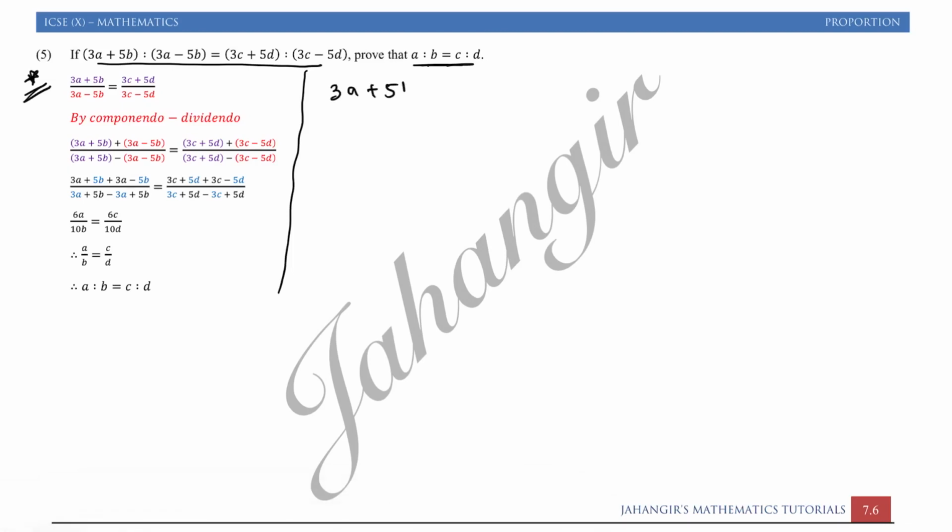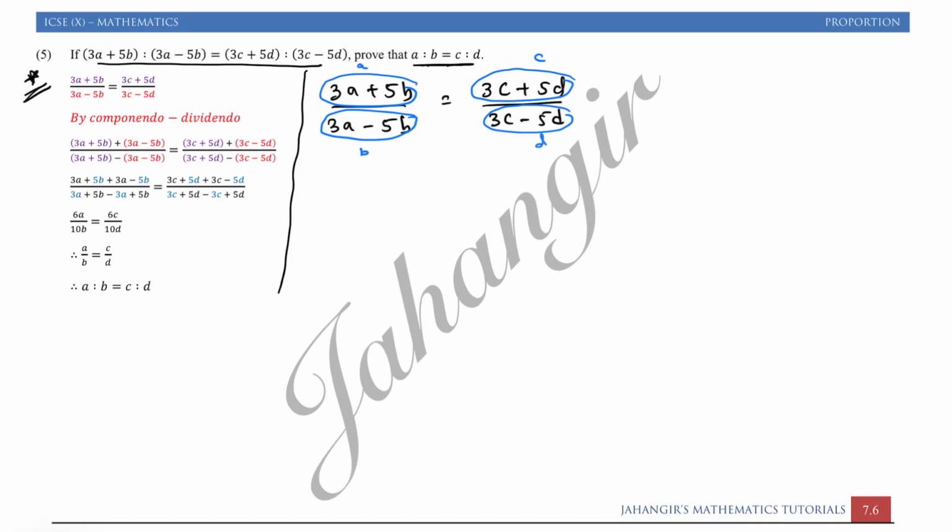3a plus 5b upon 3a minus 5b is equal to 3c plus 5d upon 3c minus 5d. This is given. So what we will say is, this numerator is a, this is b, this is c, and this is d.